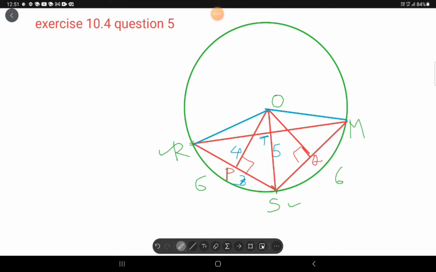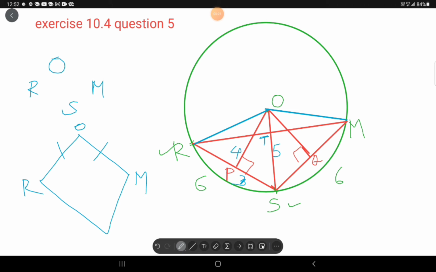Now consider the quadrilateral ORSM. In that, OR and OM are equal radii, and RS and SM are equal, given 6 centimeter each. This is 5 centimeter radius.